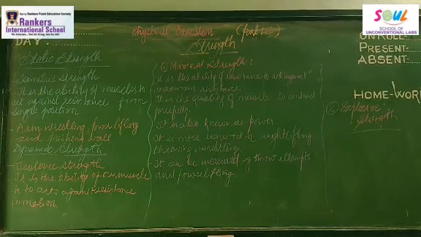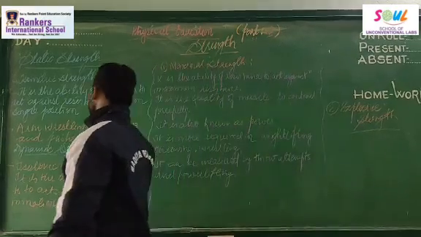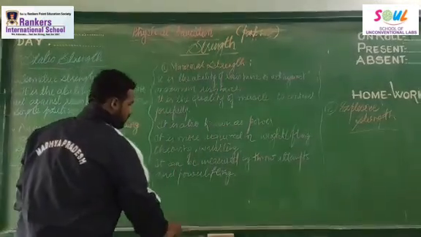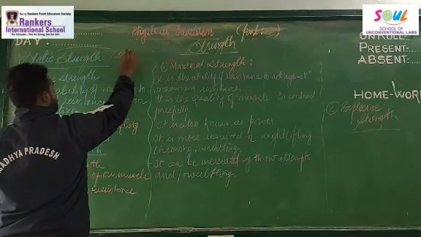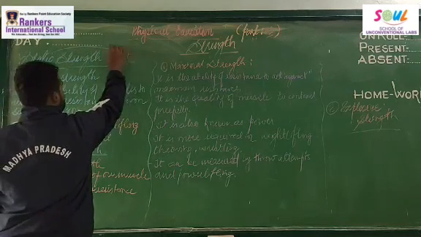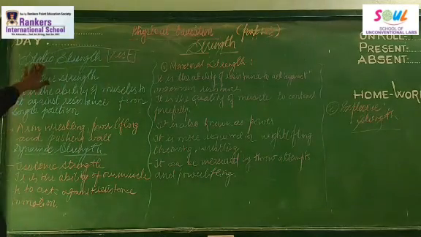Now the next thing that I'm going to tell you is static strength and dynamic strength, their types and details, right? When we hear this word static, it means things which are in rest. Things in rest, right? So static means rest.